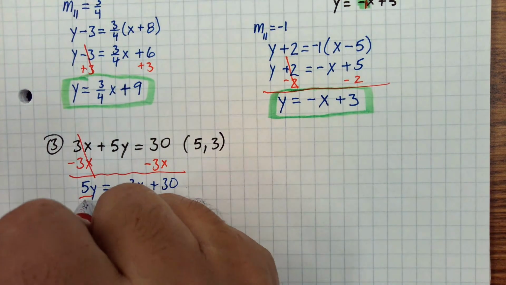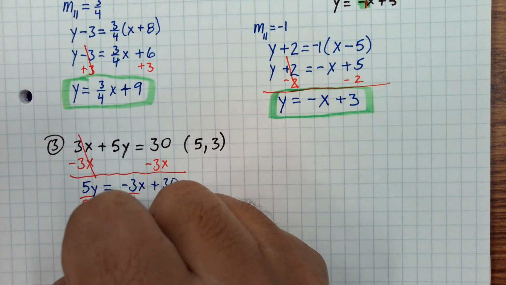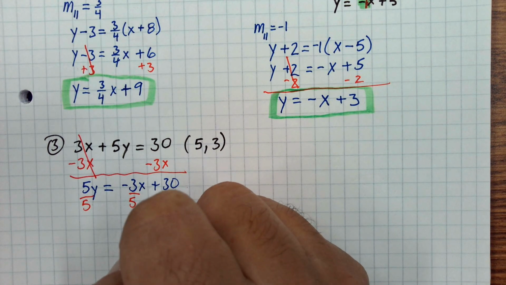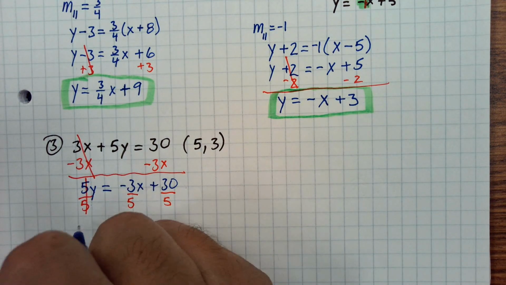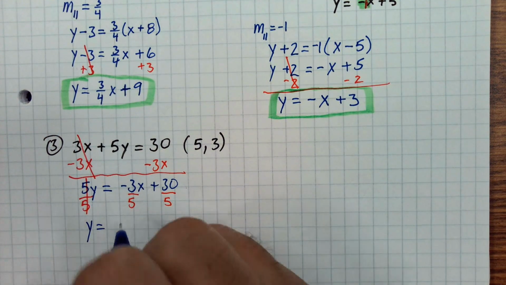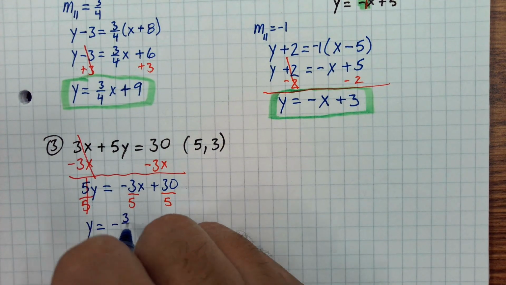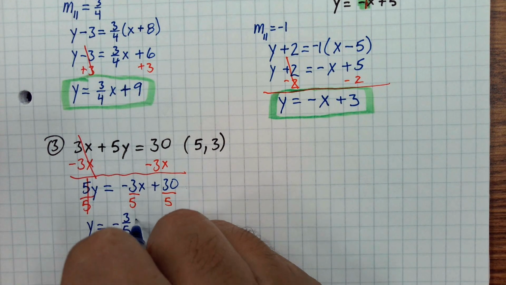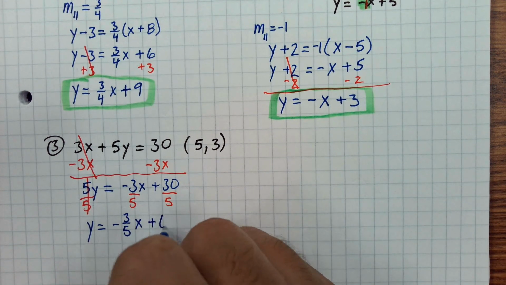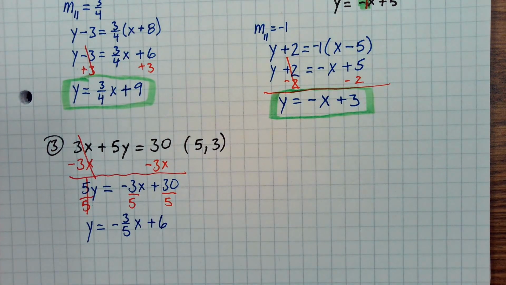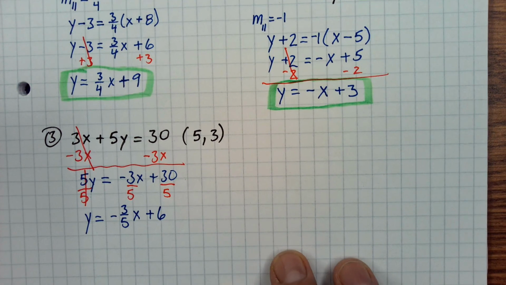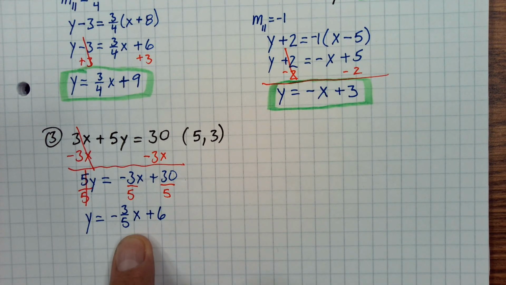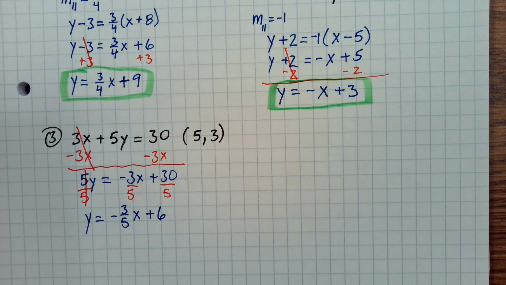Divide by 5, but you got to divide everywhere by 5. And I get y equals negative 3/5 x plus 6. So now I know the slope. It's got to be negative 3/5. So I need a slope of negative 3/5 and the point 5, 3.